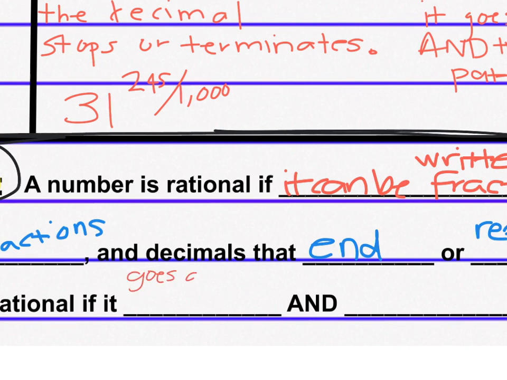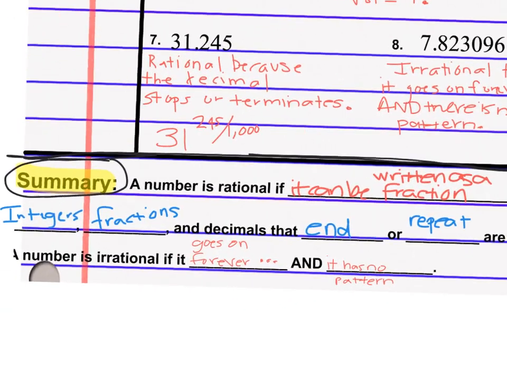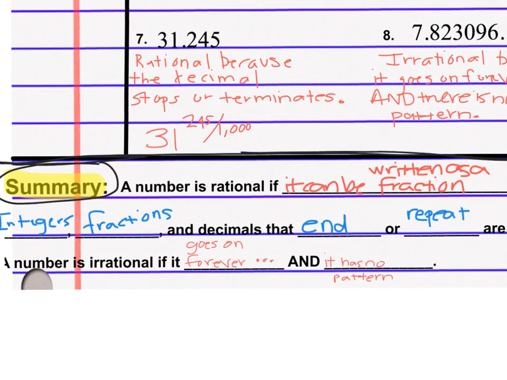So if it never ends, it has the dot, dot, dot. That's the first thing we're looking for. And it has no pattern, no repeating pattern. So it has to have both of those to be irrational. It has to go on forever, and it has no pattern.